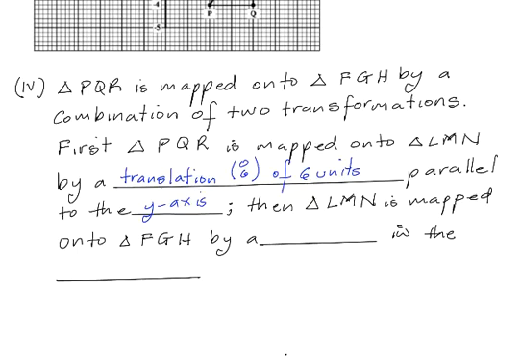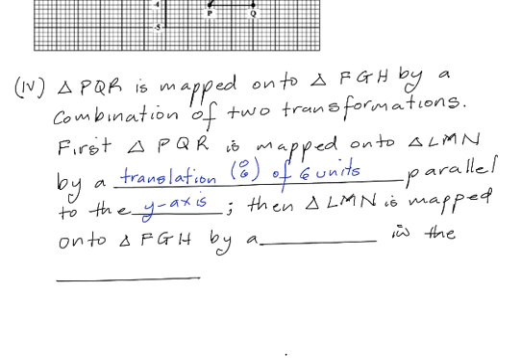So remember, we moved it 6 units down to get it from LMN to PQR. So now to get back from PQR to LMN, you have to move it 6 units up. The 6 being positive means that it went up. If it was negative, it would be indicating that it would have gone down.